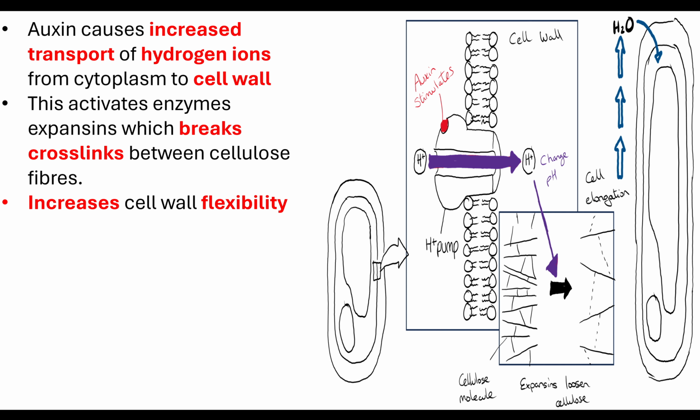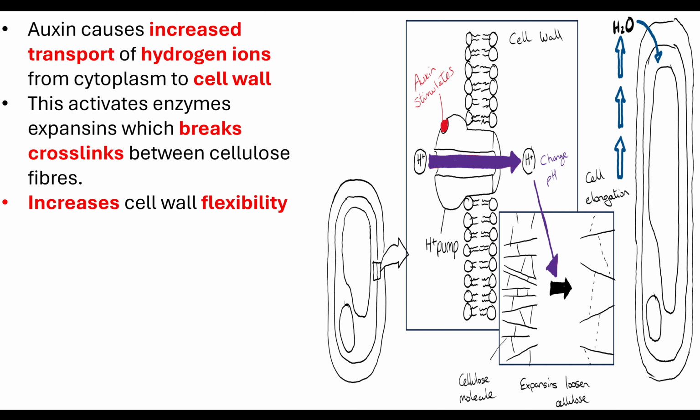Now remember, the cellulose cell wall was about maintaining that turgidity, that turgor pressure. It can withstand to a point, and then it will stop the cell from taking in any more water, preventing it from bursting.